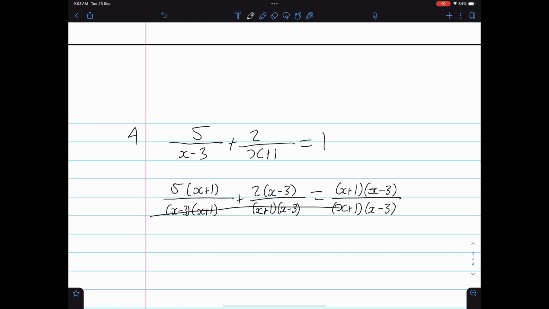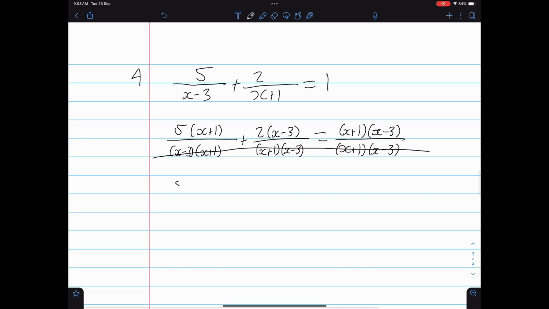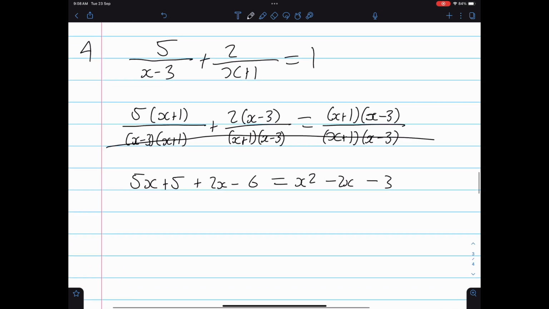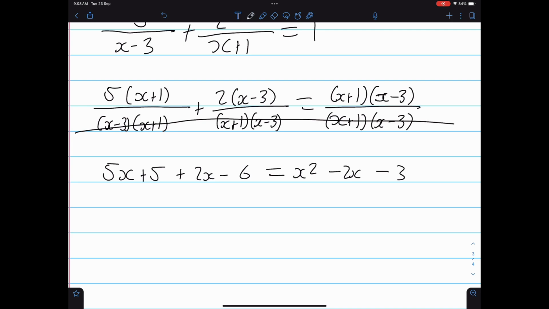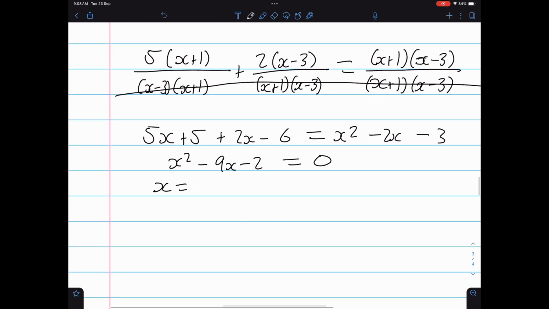And now, because the denominators are all the same, you can just look at the numerators. And I'll expand this. And then I'll move everything to the right hand side. That's x squared minus 9x minus 2 equals 0. Apply the quadratic formula.